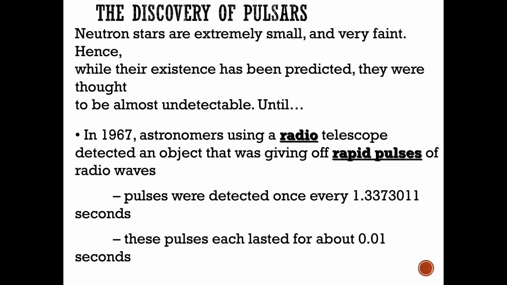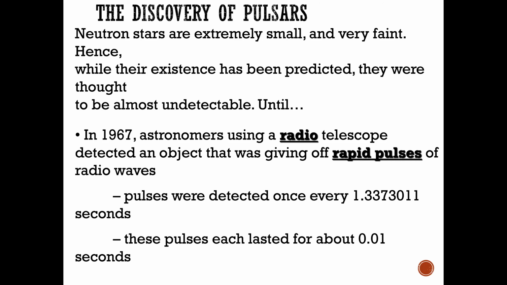So astronomers predicted their existence, but they were almost undetectable until the year 1967, where a few astronomers using a radio telescope detected an object that was giving off rapid pulses of radio waves, right?